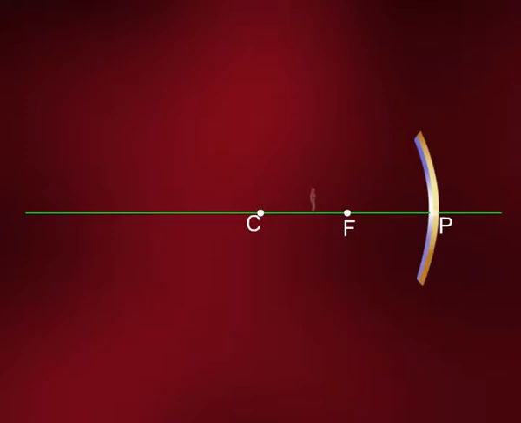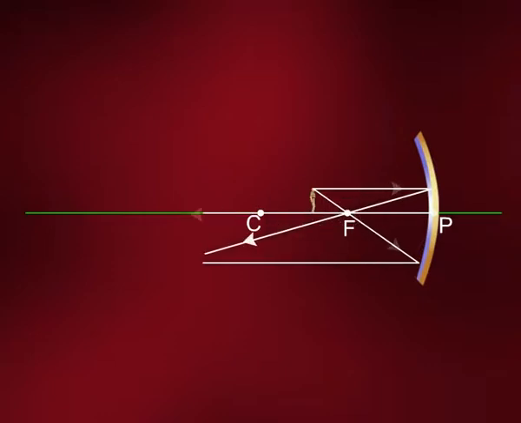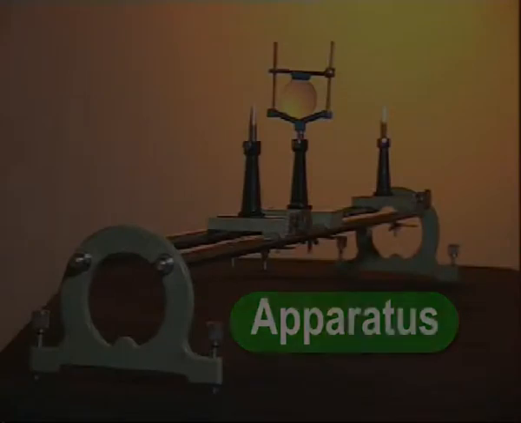If an object is placed between the focus and center of curvature, the rays of light starting from it get reflected from the mirror and meet at a point beyond C, below the principal axis. Hence, a real inverted and enlarged image is formed there.